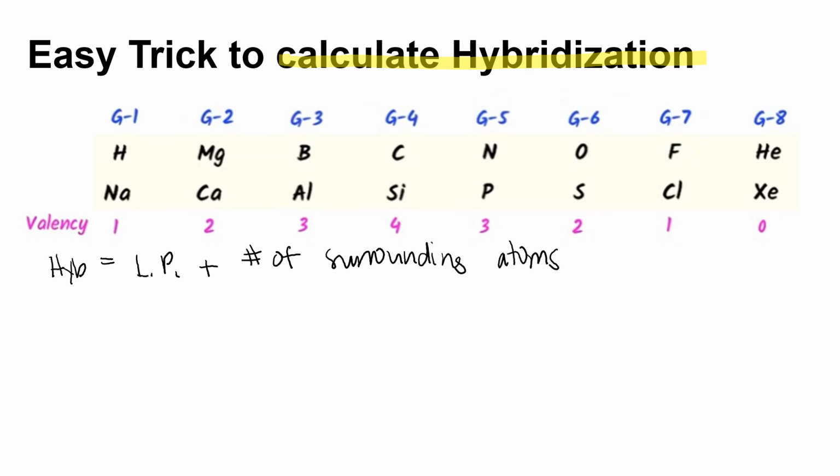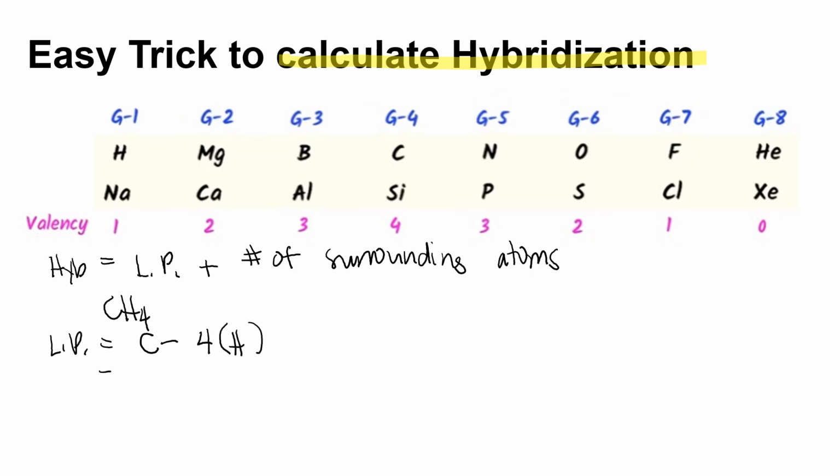So for example, for methane, how many lone pairs? Your central atom is the carbon, minus 4 times the valency of hydrogen.